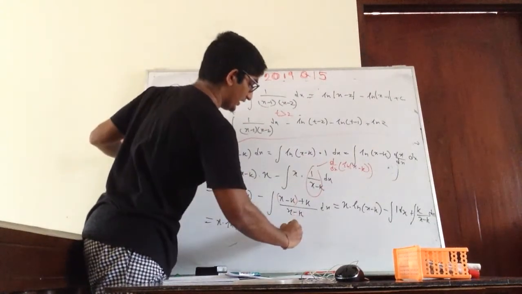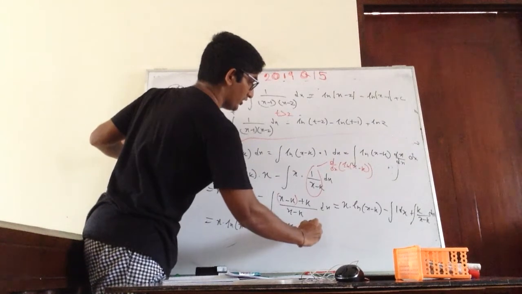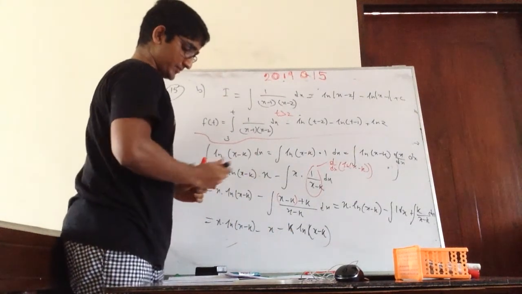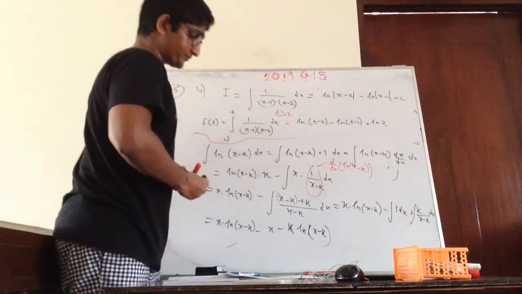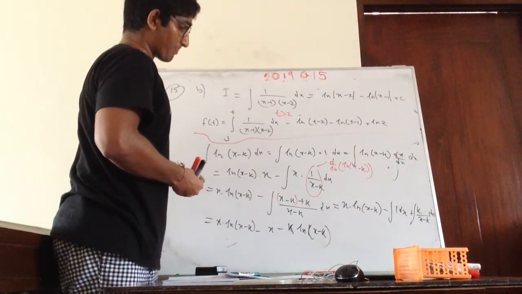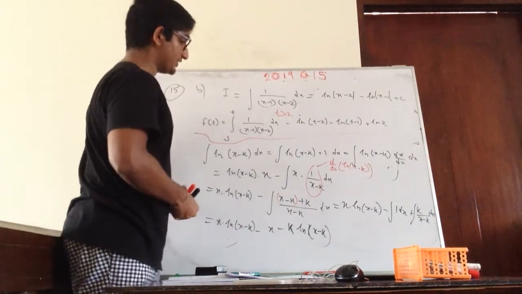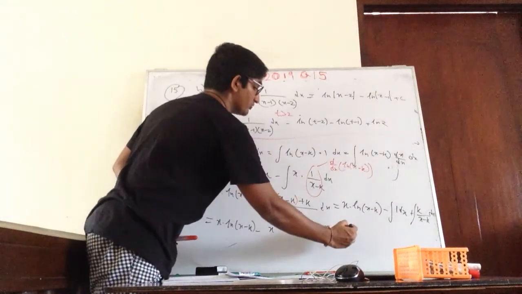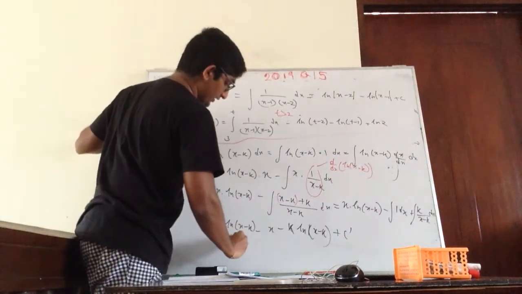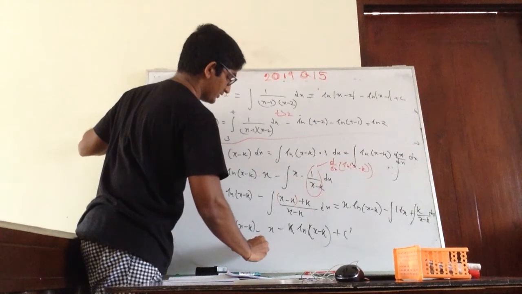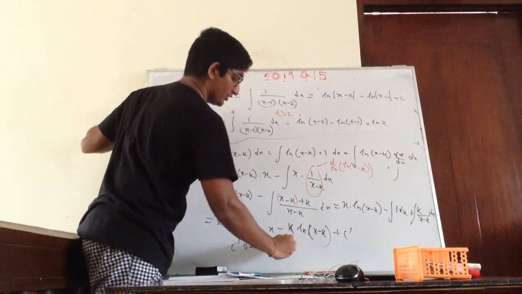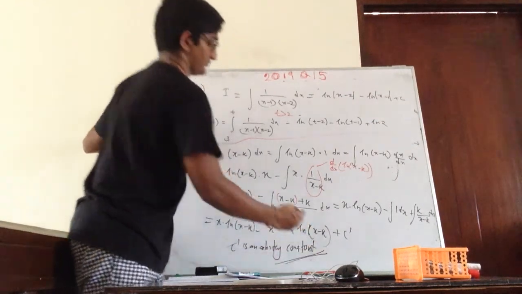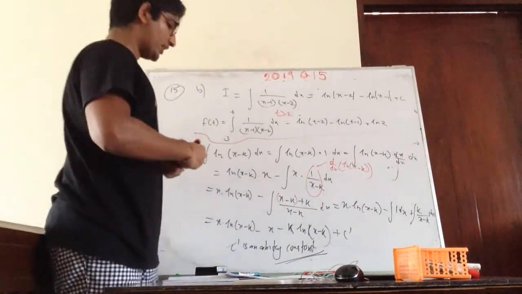So I can get k times ln(x minus k), plus c dash. So now there is some c dash, and c dash is an arbitrary constant. So now this is the answer of that.